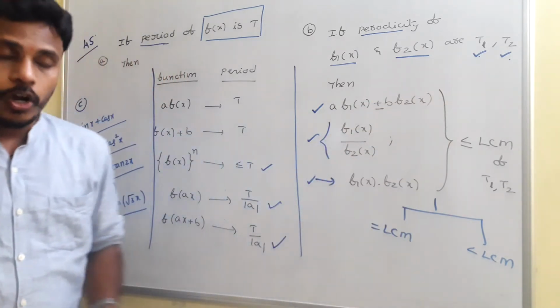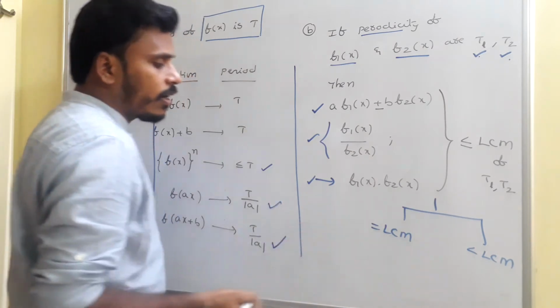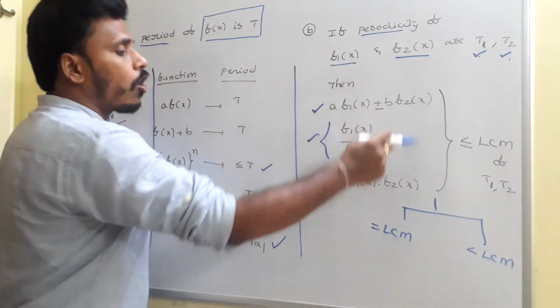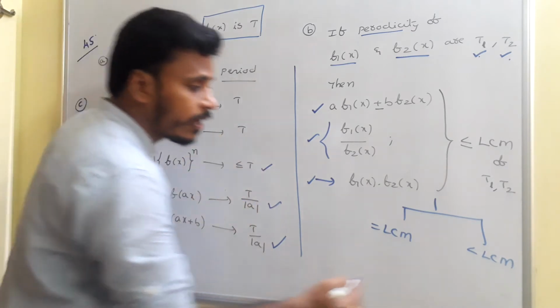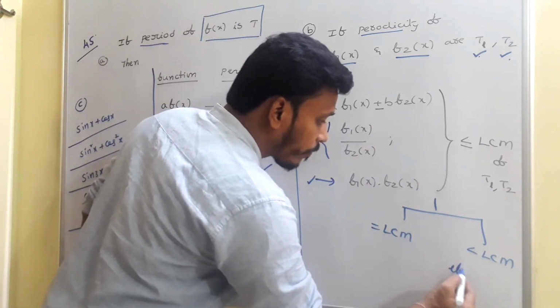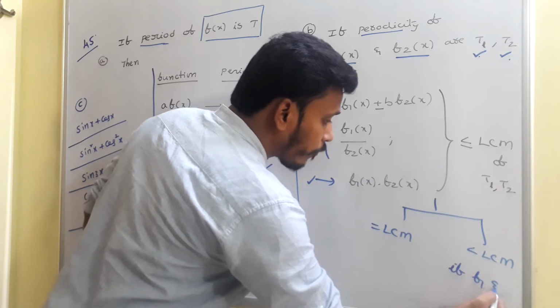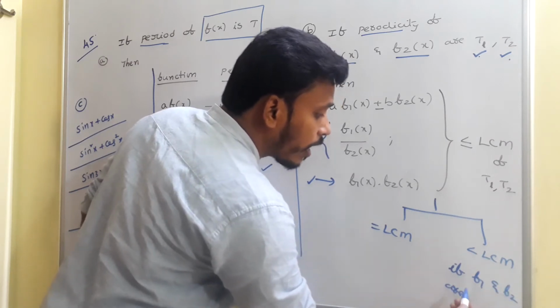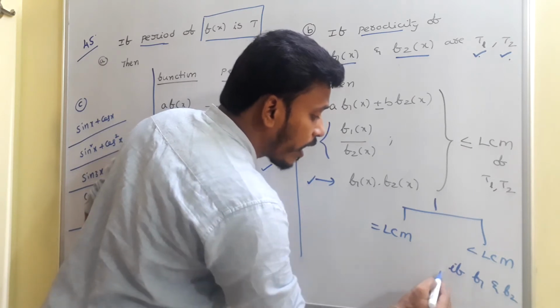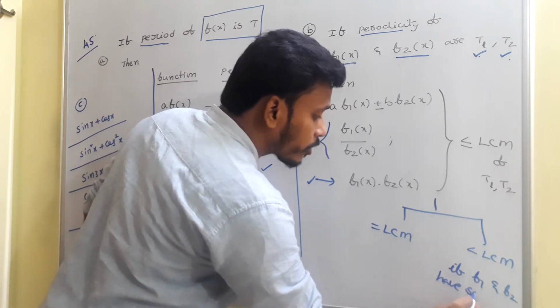Okay. So generally, the periodicity of all these combinations is equal to the LCM, and sometimes it is less than that. This less than LCM will happen if the functions f1 and f2 have some relation.